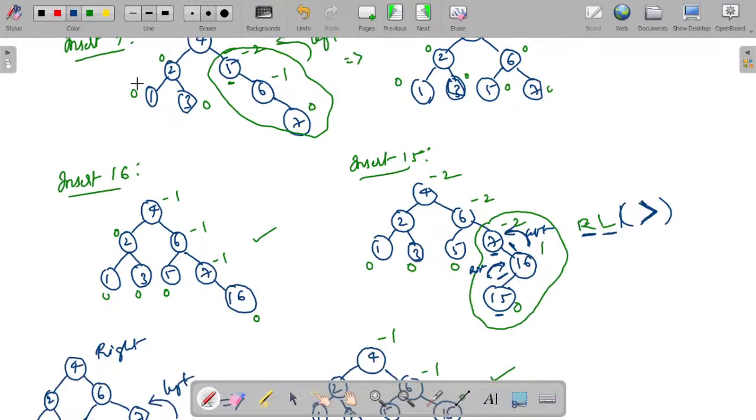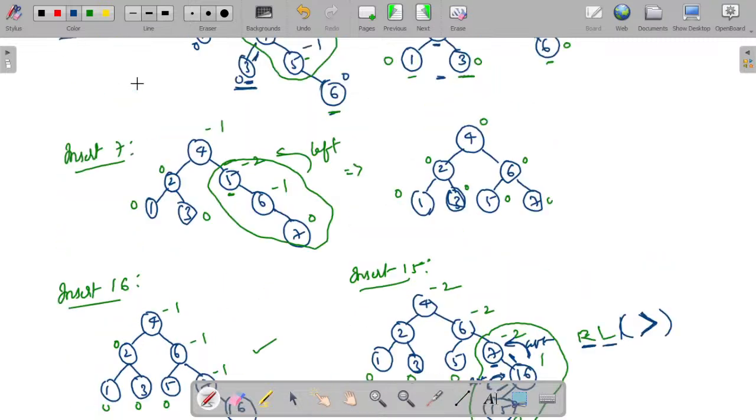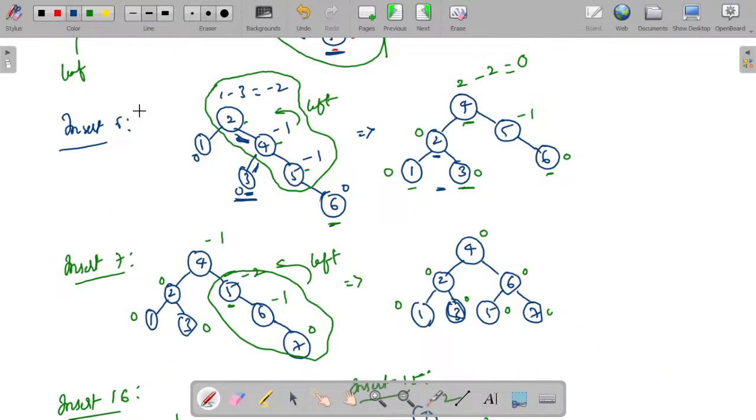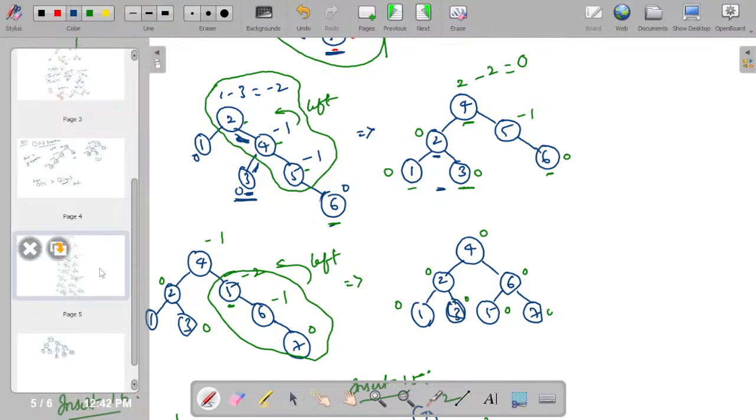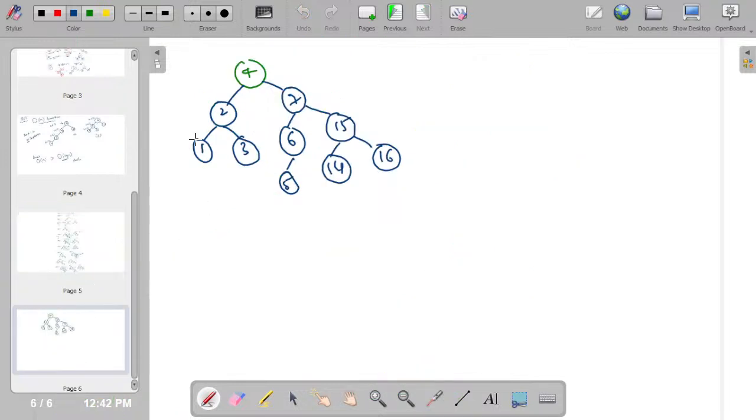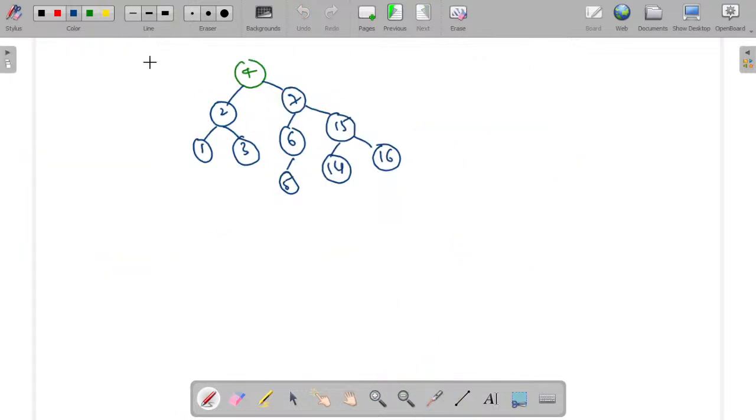So this step. Okay. Now where do you want me to insert a new value in this present tree, Tendulkar? Where do you want me to insert a new node?